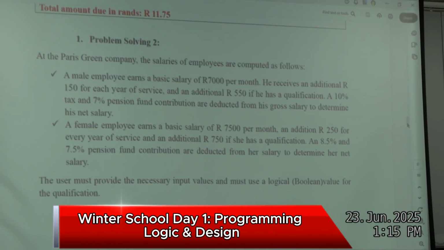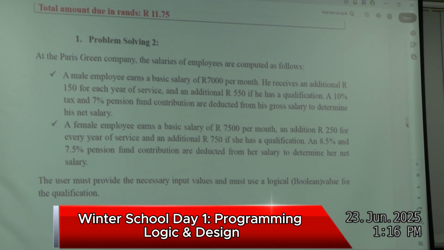A 10% tax and 7% pension fund contribution are deducted from his gross salary to determine his net salary. A female employee earns a basic salary of 7,500 per month, an additional 250 for every year of service, and an additional 750 if she has a qualification. An 8.5% tax and 7.5% pension fund contribution are deducted from her salary to determine her net salary. The user must provide the necessary input values and must use a logical Boolean value for the qualification.